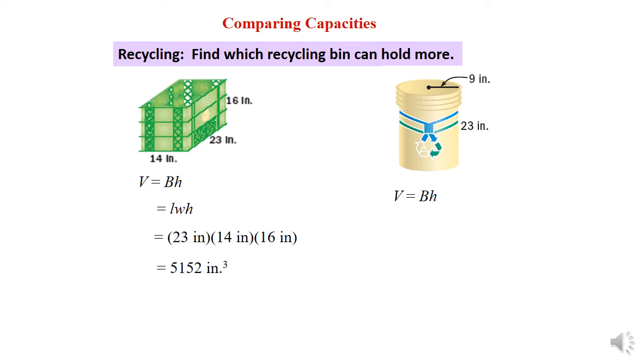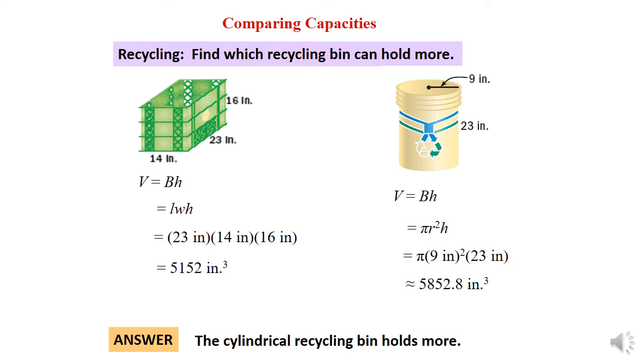Moving on to the bucket, we have the volume equal to pi r squared times h. Substituting in those values, we get a volume of approximately 5,852.8 inches cubed. And you can see that the cylindrical recycle bin has more capacity.